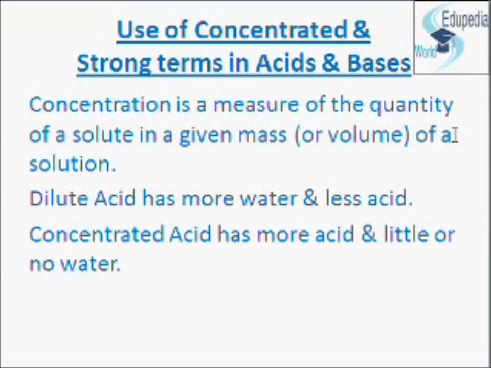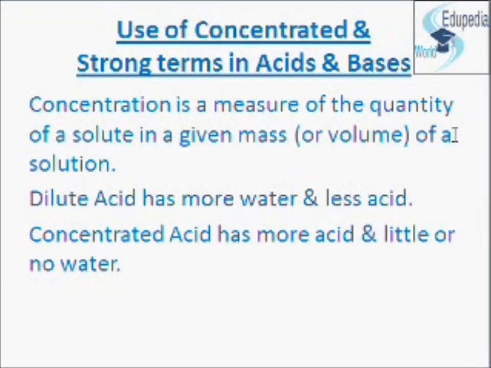Since a weak acid ionizes in water only to a small extent, a weak acid remains a weak acid even when it is more concentrated. Since a strong acid dissociates in water to a greater extent, a strong acid remains a strong acid even when it is less concentrated, or we can say dilute.